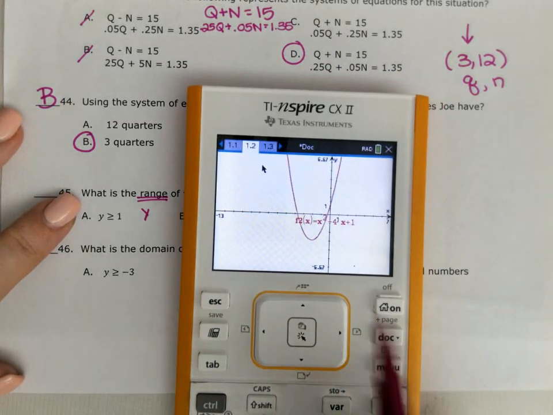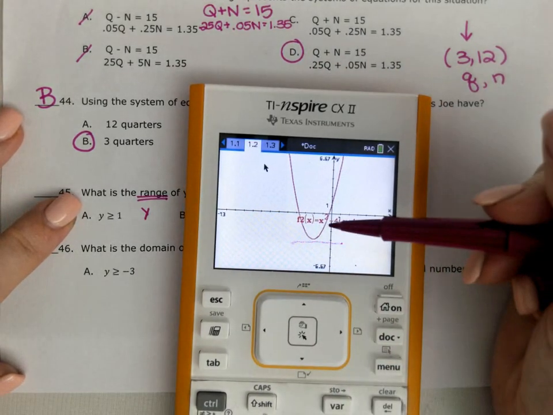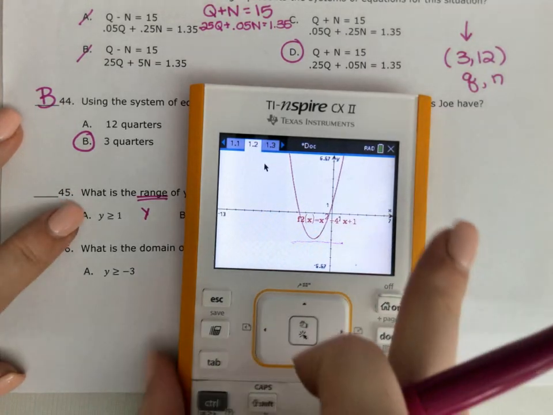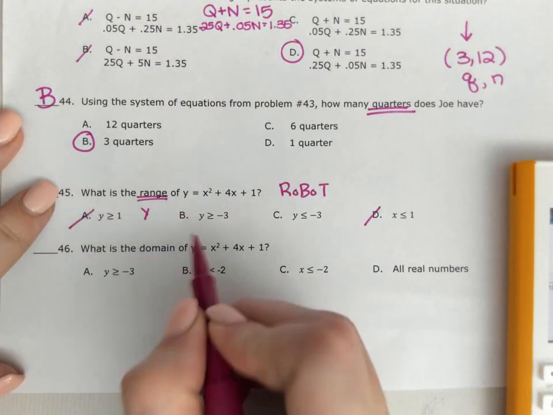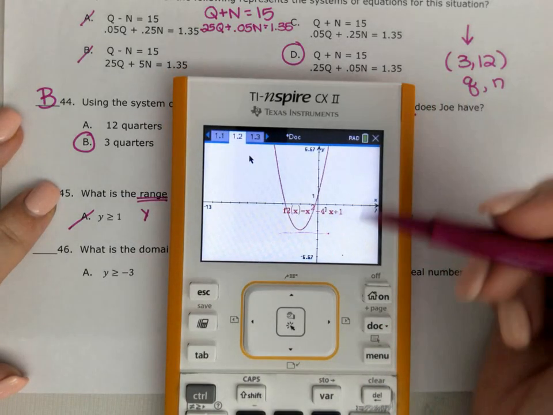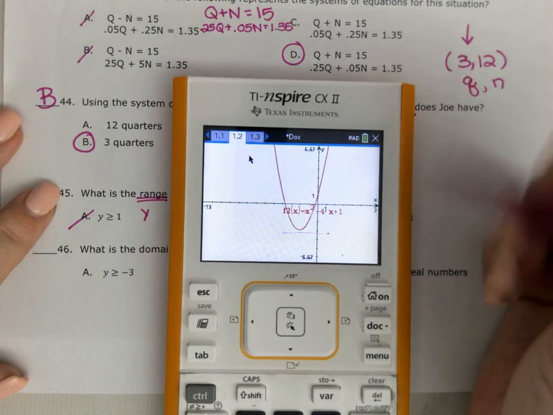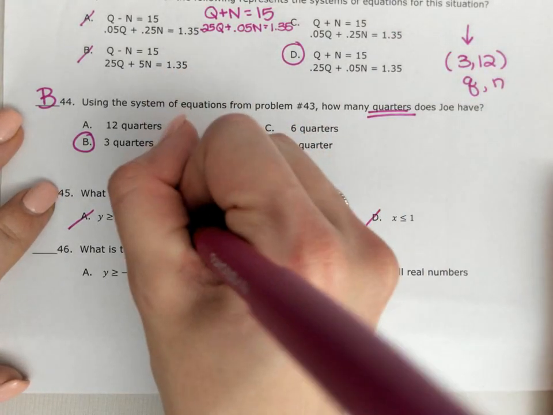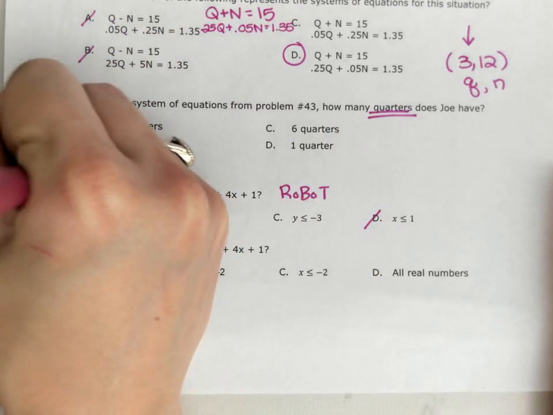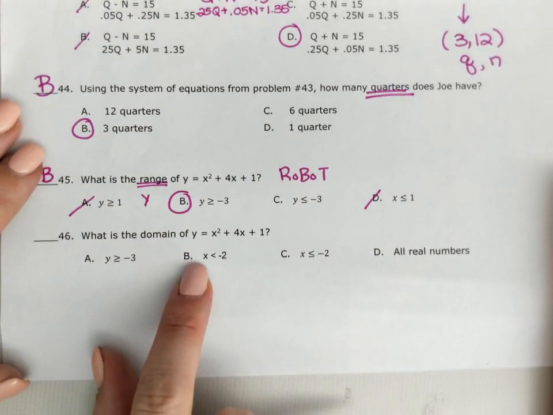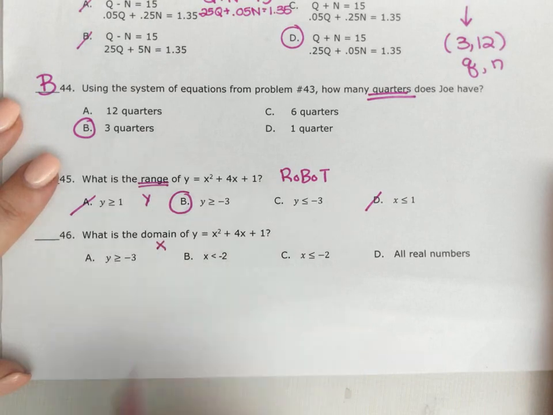So the bottom of this graph right here is at negative 3. It's got to be B or C. And I can see that all the values are greater than or equal to that negative 3. When it's asking for domain, this is my X values, so I know it's not A.